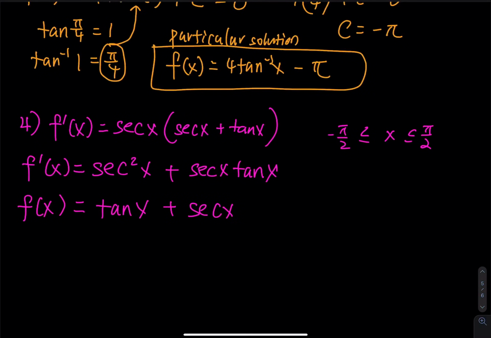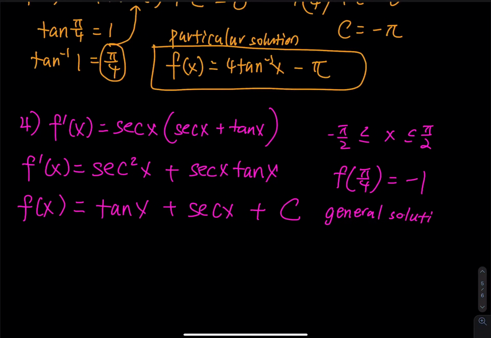This is a general solution, so we need a plus c. Did they give me an initial condition? Yes, they gave me that f of pi over 4 is equal to negative 1. So that means we have to find what c equals. At this point, this is called an antiderivative, or you can call this a general solution.